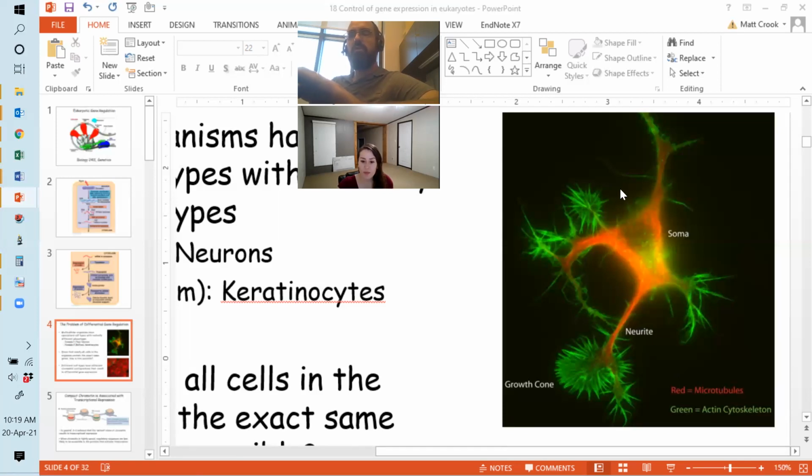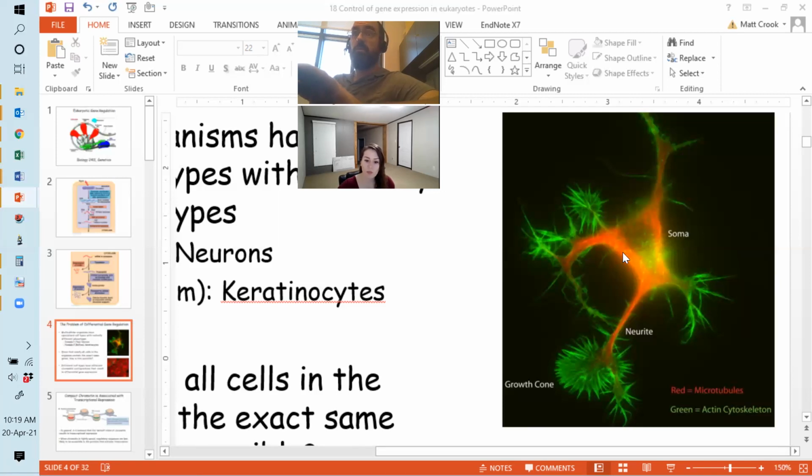We have microtubules or tubulin, which is a cytoskeletal protein that creates part of the structure of the cell. It's also how products from the soma or the cell body of a neuron are transported out to the synaptic junctions or the growth cones, right? So it's both structural and also a molecular highway.